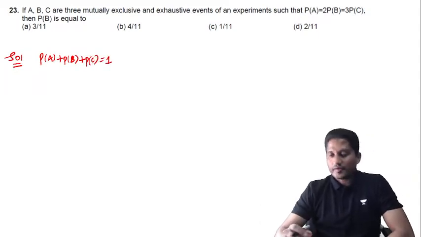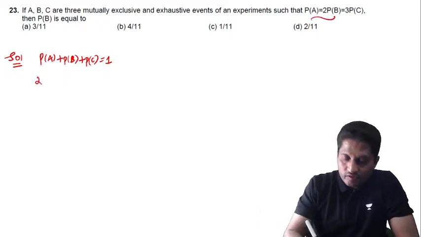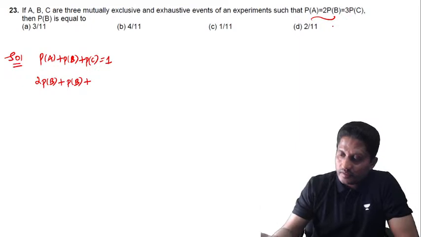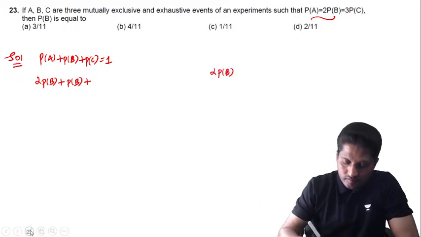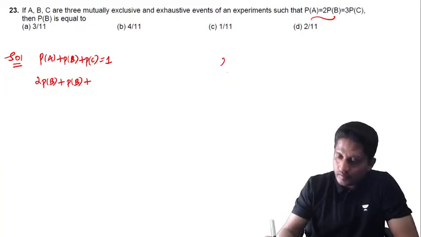Now I'm supposed to find out what is P of B. P of A is equal to 2P of B, right? So this is 2P of B plus P of B plus P of C, and 2P of B is equal to 3P of C.